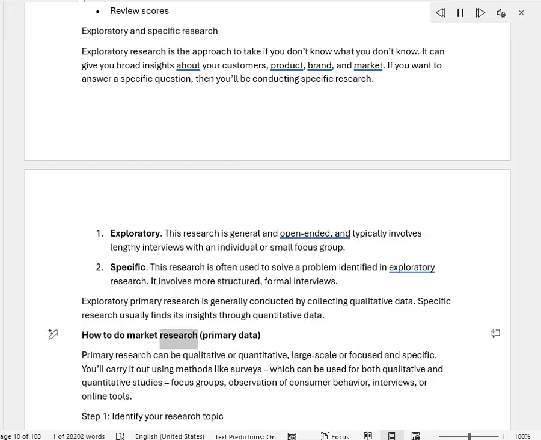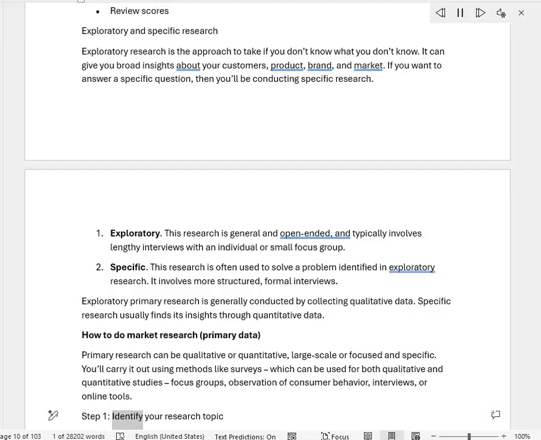How to do market research, primary data. Primary research can be qualitative or quantitative, large-scale, or focused and specific. You'll carry it out using methods like surveys, which can be used for both qualitative and quantitative studies, focus groups, observation of consumer behavior, interviews, or online tools.